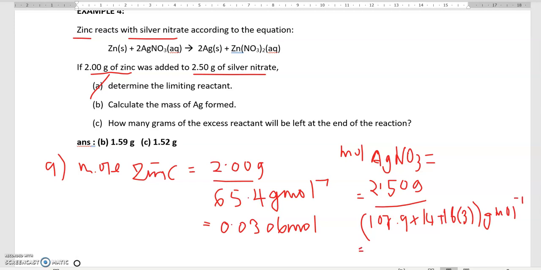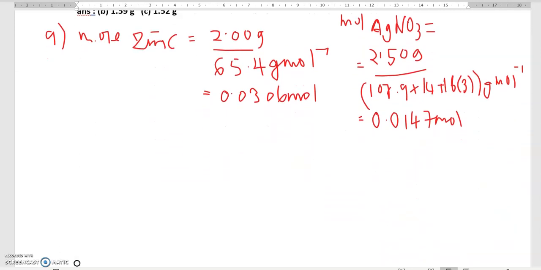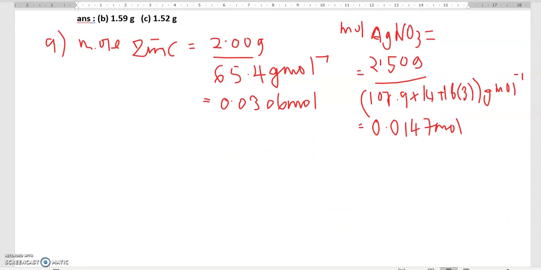So therefore this is equivalent to 0.0147 mole.